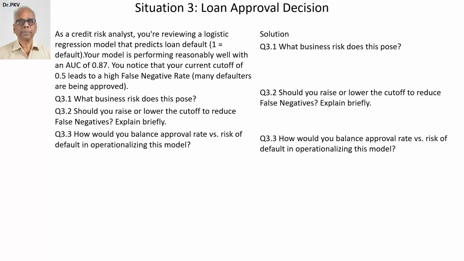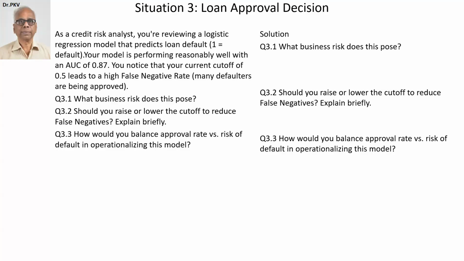Your model is performing reasonably well with an AUC, area under the curve, of 0.87. You notice that your current cutoff 0.5 leads to a high false negative rate. Many defaulters are being approved. This is the situation.